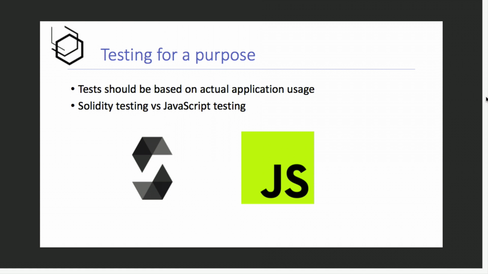Whereas if it's only meant to be used by an off-chain application like Web3 with Web3.js, then you might get away with only testing it in JavaScript. But it's always good to test it both ways, because anyone can interact with the smart contract in any way.